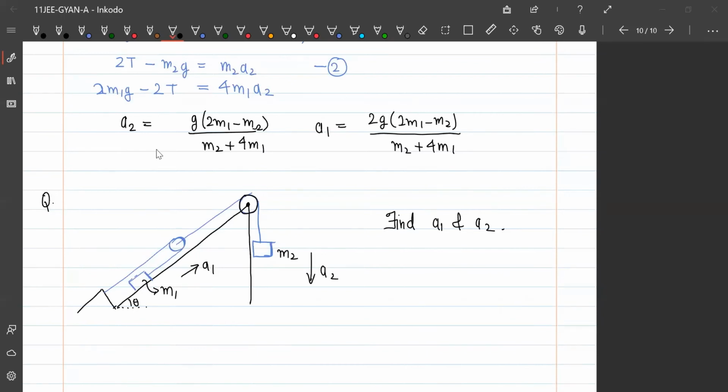So like the previous question again, we can solve it like this. So if you move it, yeah, A1 is equal to twice of A2.